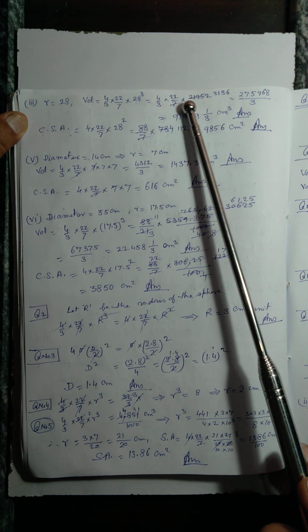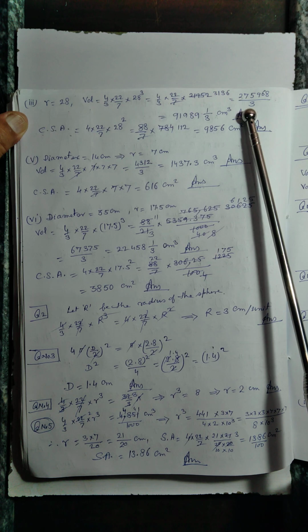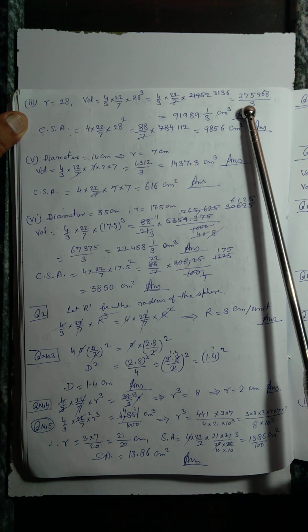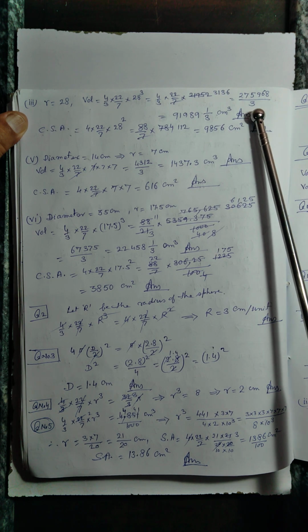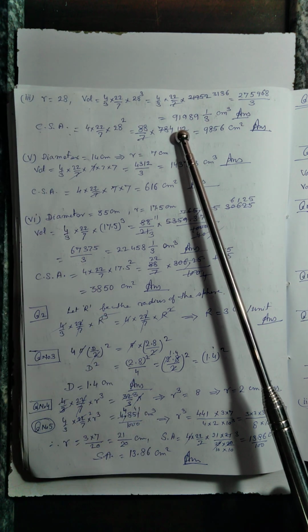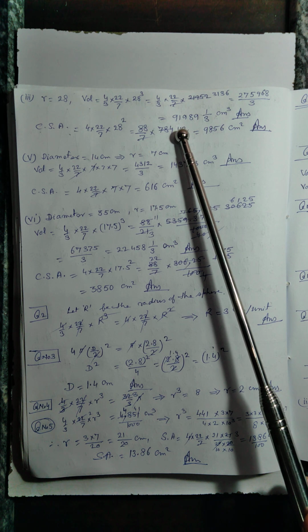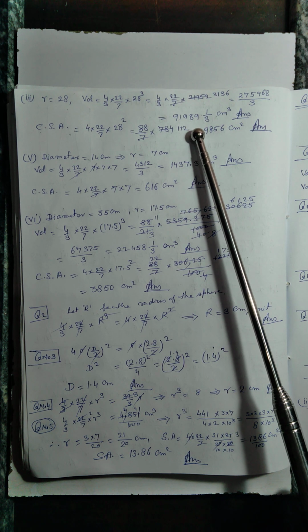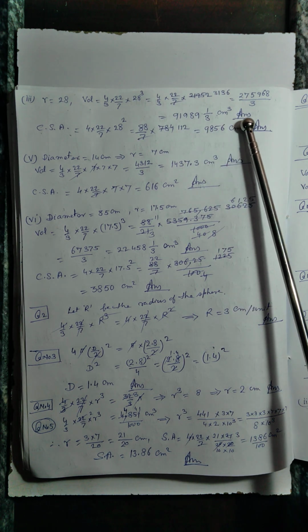Now multiply it by 88, you will get 2,75,968 divided by 3. We got the final solution, that is 91,989 and 1/3 centimeter cube.